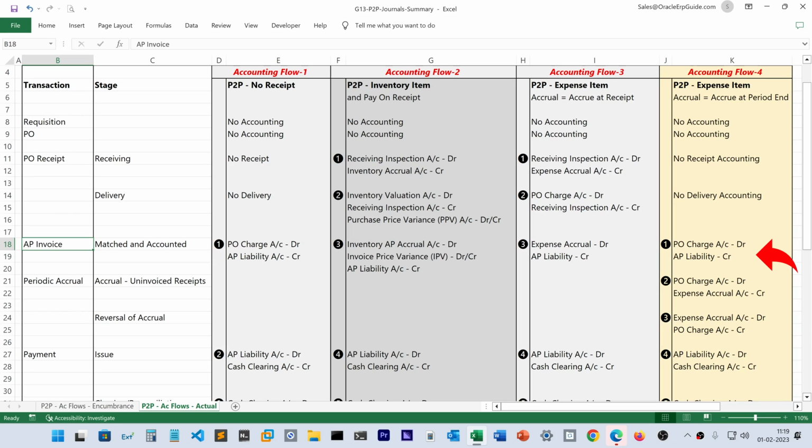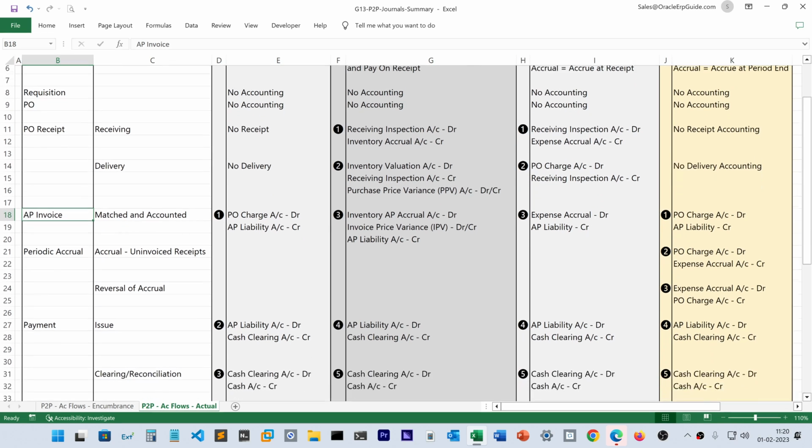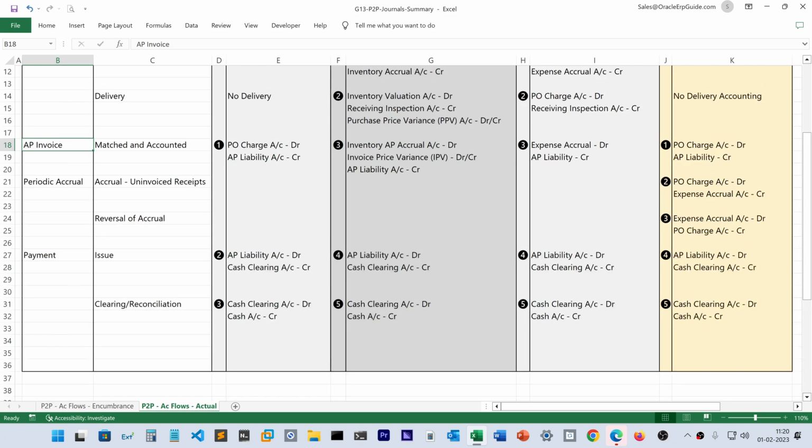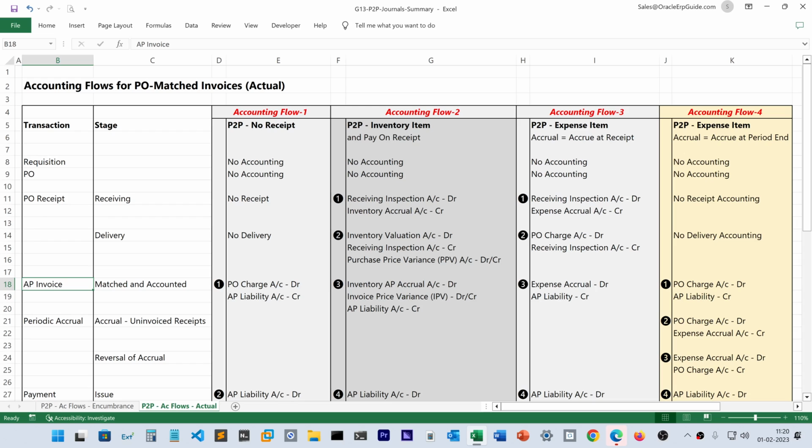There is no duplication because these entries are already cancelled due to the reversal. Next, the payment, as usual: AP liability debit, cash clearing credit; clearing and reconciliation, cash clearing is debited, cash account is credited. So we have completed this flow number 4 also.